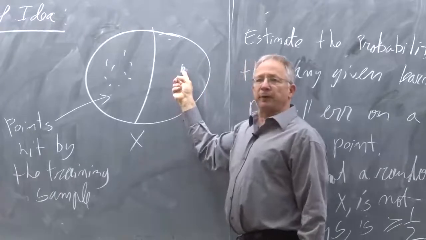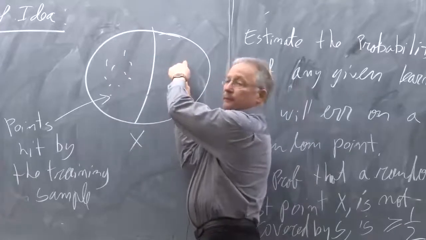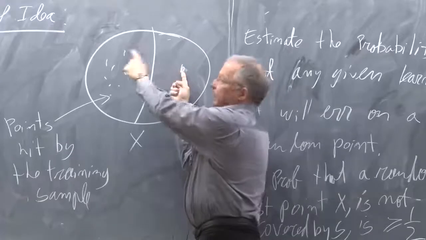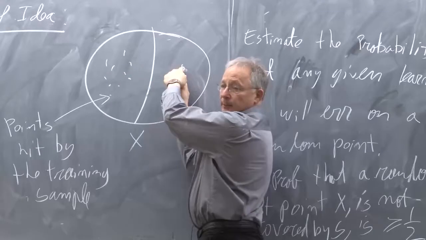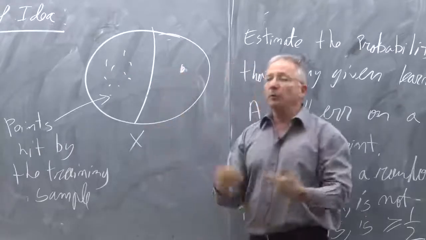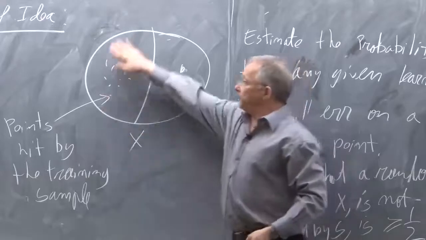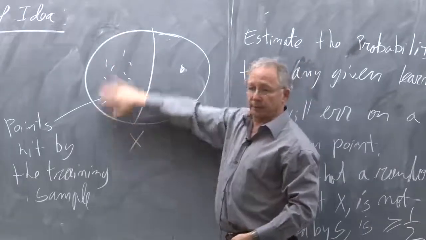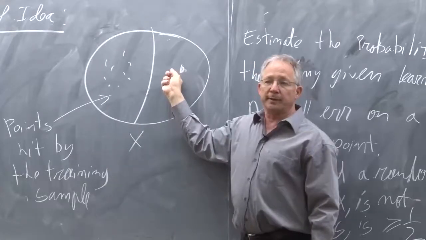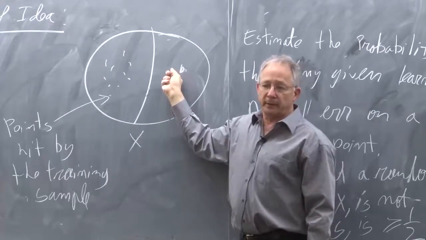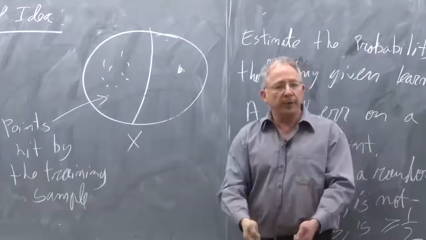But half of the functions that agree with the sample will give this point label 0, and half of the functions that agree with the sample will give this point label 1. Since I have all possible functions, if I fix their behavior on the training sample, still for every new point, half of them will say 0, and half of them will say 1. But my algorithm had to output a hypothesis.